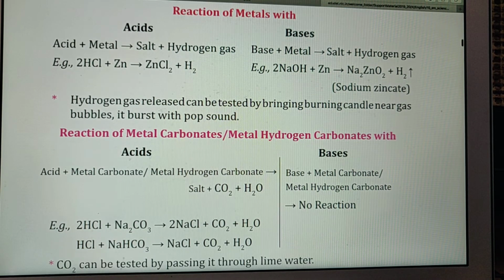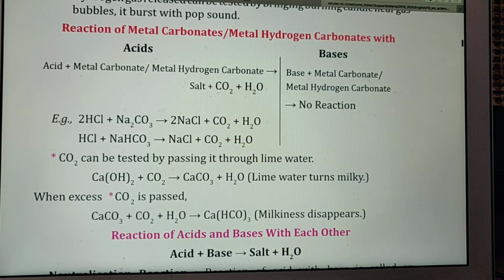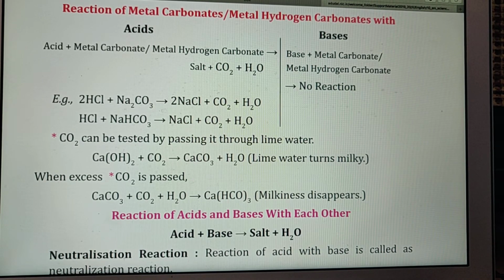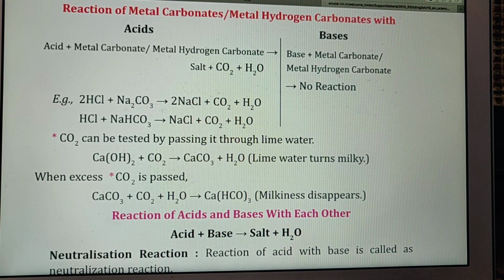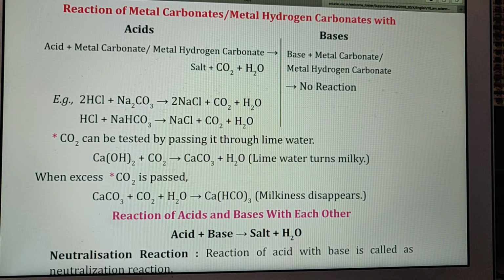Reactions of metal carbonate and metal hydrogen carbonate with acids. Acid plus metal carbonate or metal hydrogen carbonate gives salt, carbon dioxide and water. Whereas with a base, metal carbonate or metal hydrogen carbonate gives no reaction.